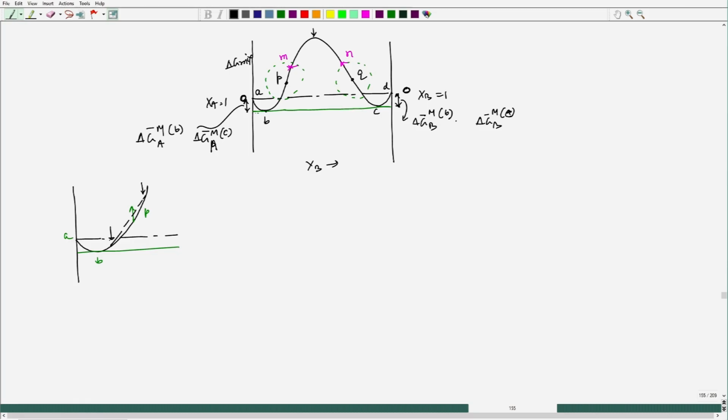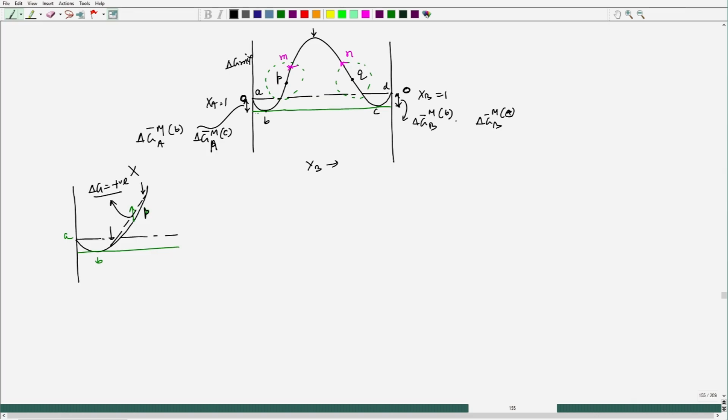Now, whether the system can break into these two compositions, it cannot, because when it happens this way, P to P and it is moving upward, delta G is positive. So, it is not possible.